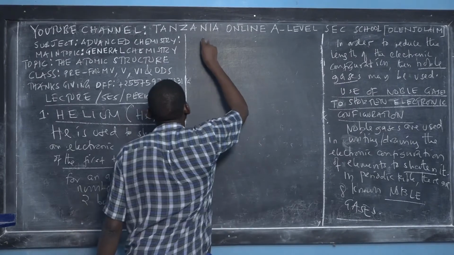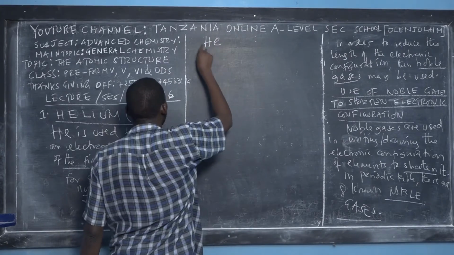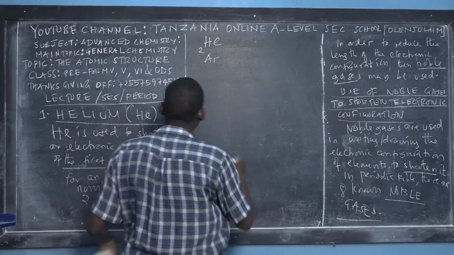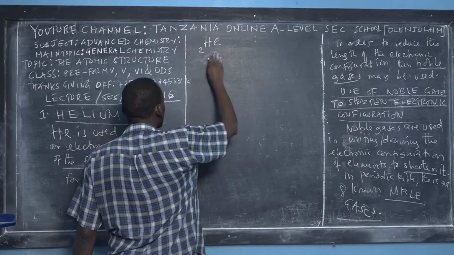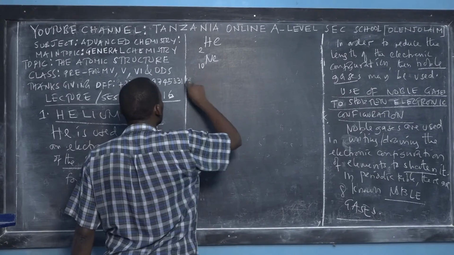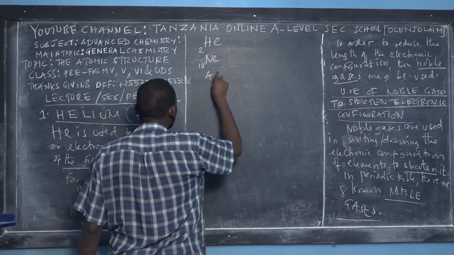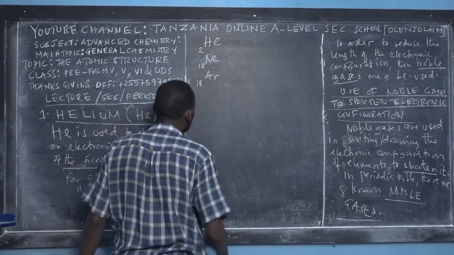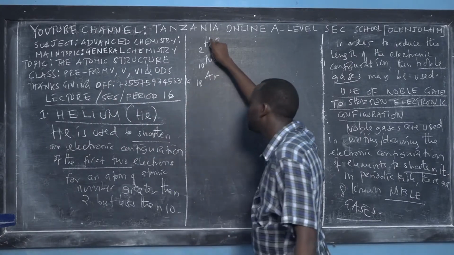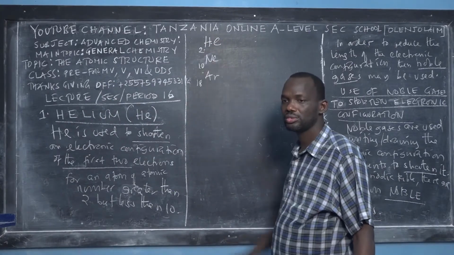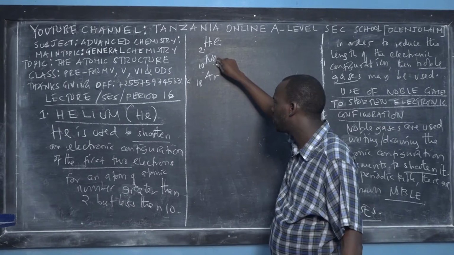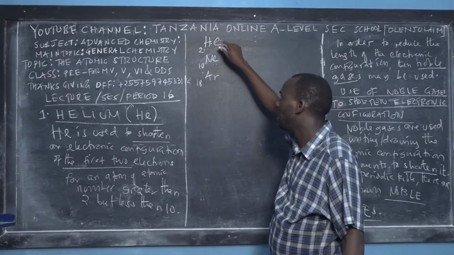Because the number of electrons in helium is 2, in neon it is 10, and in argon it is 18, etc. If you find the difference between these noble gases, it lies between these two values. So helium can be used to write the electronic configurations of elements between helium and neon.